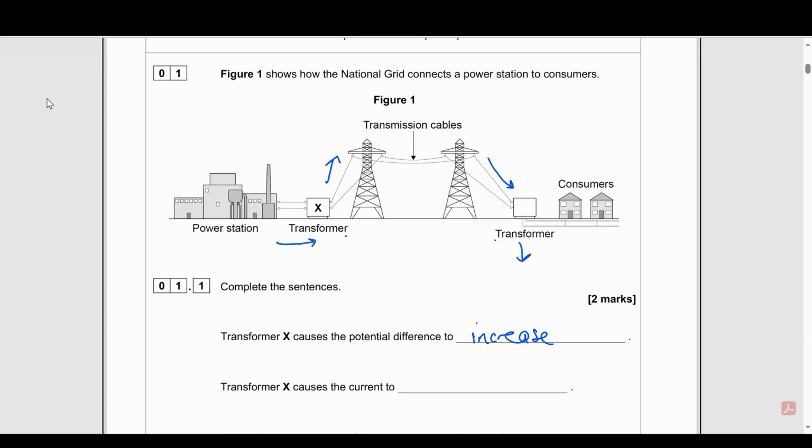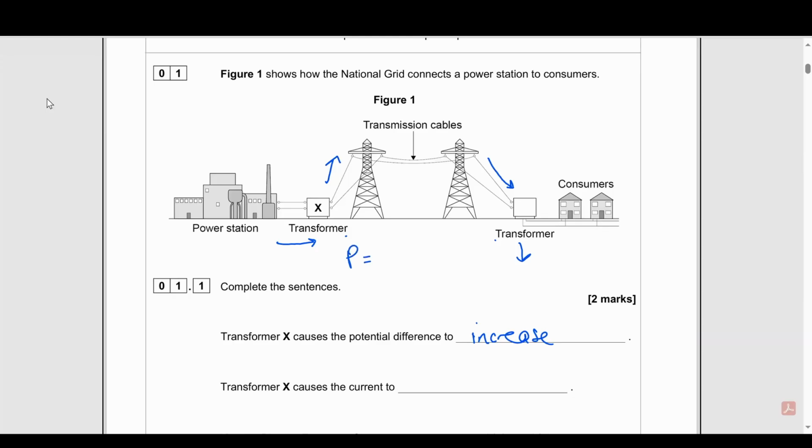Transformer X causes the current to, well, if we have increased the potential difference, we then want our electrical energy to be transferred to our homes as quickly as possible. And that is a measure of the power, the energy that's transferred over time.